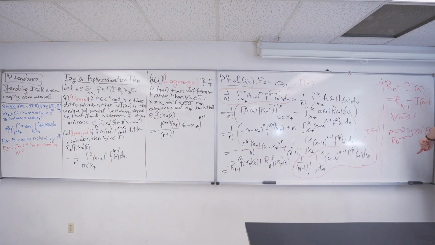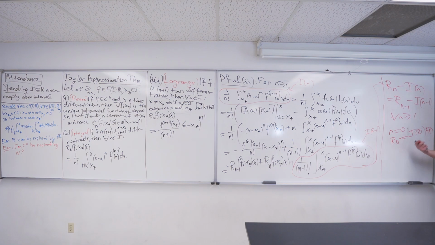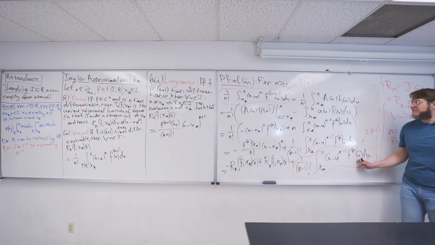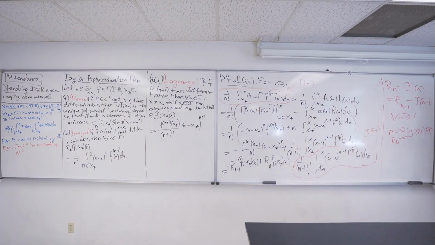And by induction, if it works for n minus 1, it's going to work for n also. And again, by parts, tells me that this product is integrable if and only if this is integrable. So I'm going to be able to carry it all the way through to whatever n I'm given. Okay. That's how you prove it.